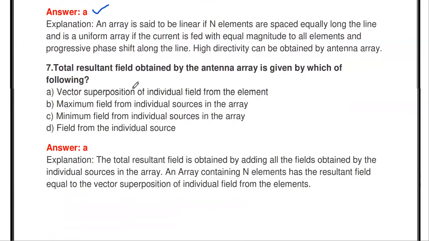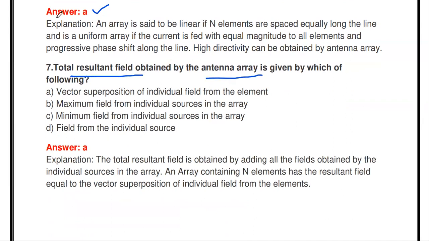The next thing, the total resultant field obtained by antenna array is given by which of the following? The total resultant field is obtained by vector superposition of individual fields from the elements, maximum field from the individual source, minimum field from the individual source, or field from the individual source in the array.